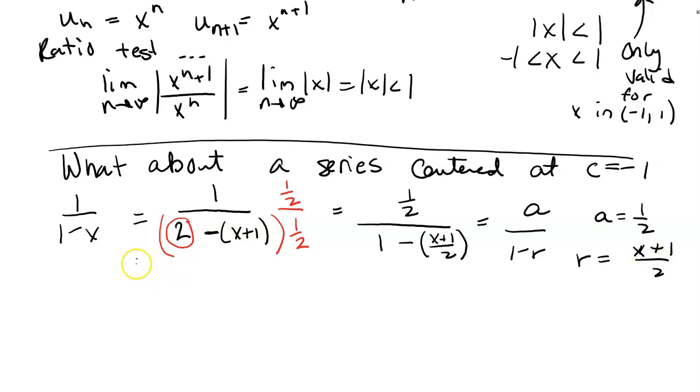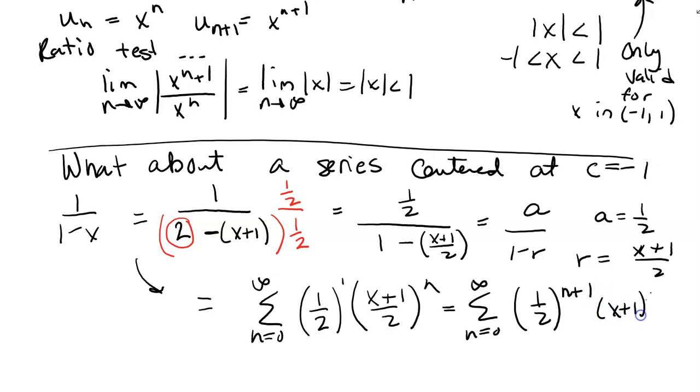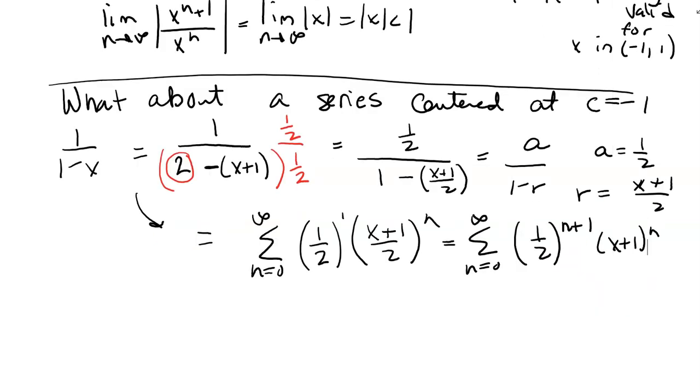So this would be equal to the sum from 0 to infinity of 1/2, that's a, times r to the nth power, x plus 1 over 2 to the nth power. And because this is understood to be 1/2 to the first power and this is 1/2 to the nth power, you could write that as 1/2 to the n plus first power, and then x plus 1 to the nth power.